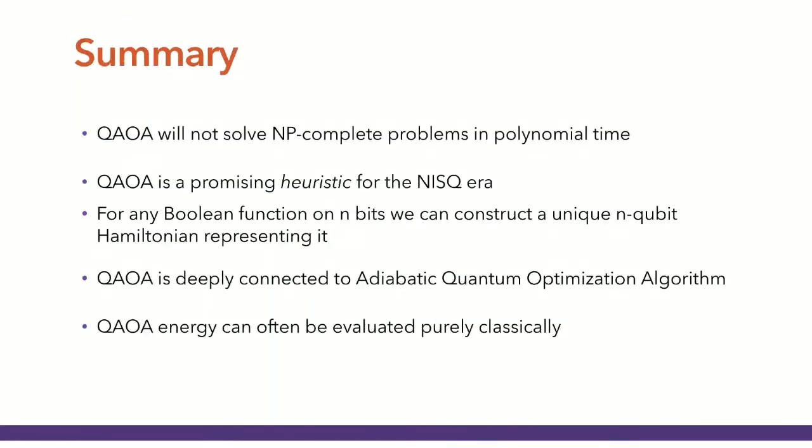Okay, to sum up what I've talked about today briefly: first, QAOA will not solve NP-complete problems in polynomial time. However, it is a promising heuristic for the noisy intermediate-scale quantum era, that is, the near-term quantum hardware.